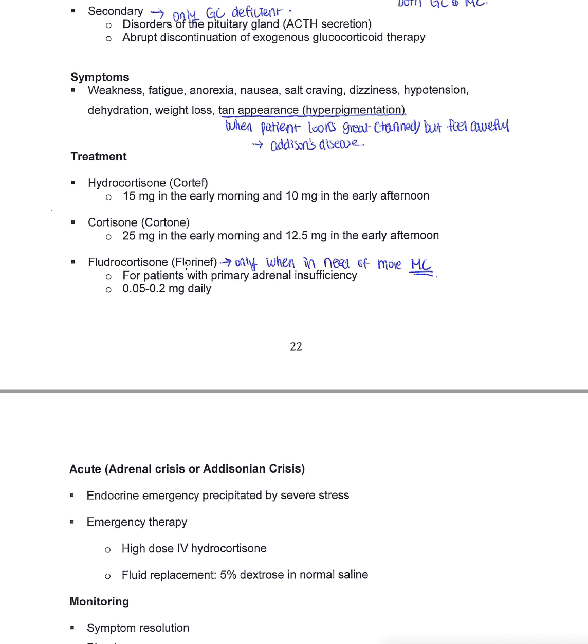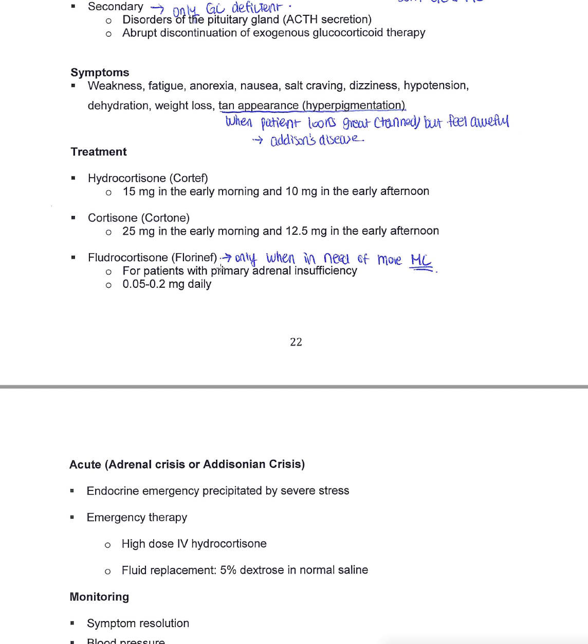And fludrocortisone, or brand name Florinef, can be given only when we need to replace more mineralocorticoids. It can sometimes be used for hypotension, but mainly for patients with Addison's disease when they need more mineralocorticoid. Usually, just giving hydrocortisone or cortisone should be enough because they exert about the same amount of glucocorticoid and mineralocorticoid activity.